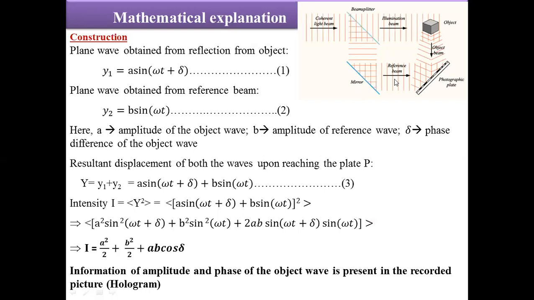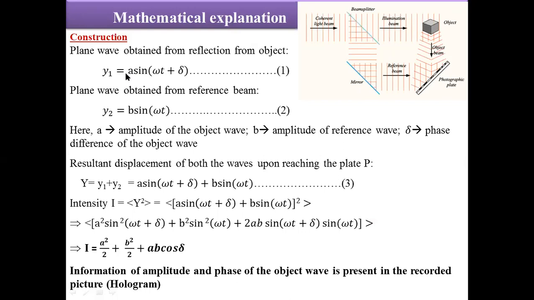We cannot talk about the phase with the reference beam. The wave obtained from reflection from the object is given by equation 1: y1 equals a sin(omega t plus delta), where delta is the phase and a is the amplitude of the object beam.